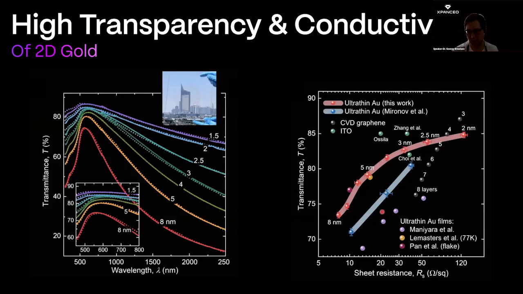Because, for example, if we want to use transparent electrodes, we need a high transparency, but also a very small sheet resistance. And this is exactly the case for our ultra-thin gold films.